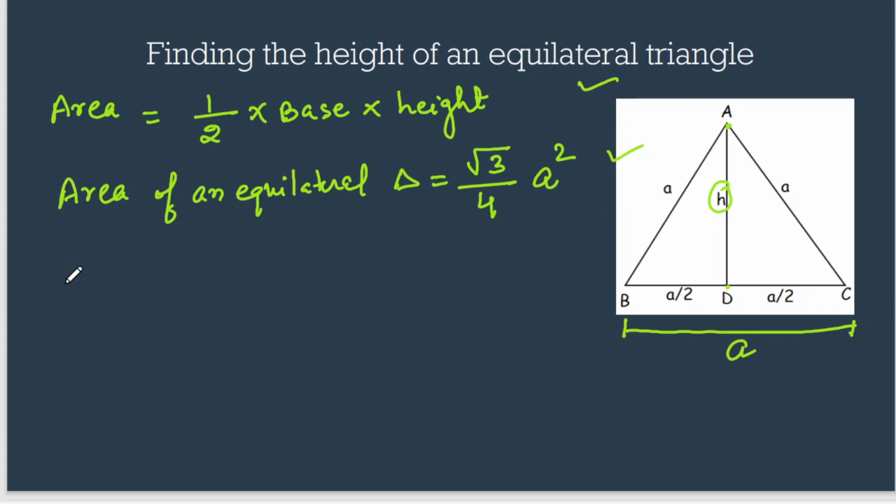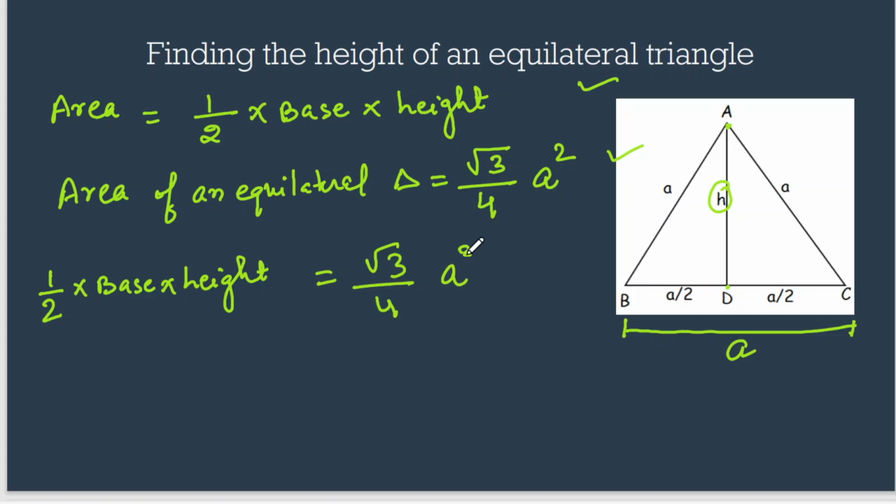So if I equate these two equations, that is 1 by 2 into base into height equal to root 3 by 4 A square. So half into, what is base? Our base is A. And what is height? Our height is H. So H equal to root 3 by 4.